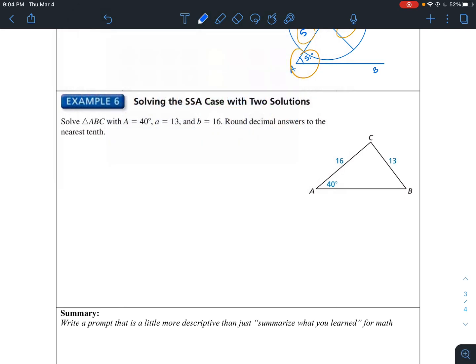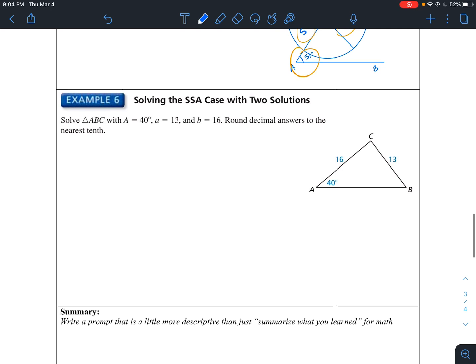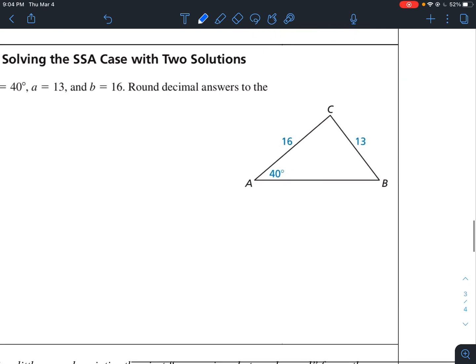So now let's talk about whenever we have a triangle with two solutions. So this is what happens when you have a triangle with two solutions. So if we have side lengths like we have here, so this is angle 40 and side lengths 13 and 16.